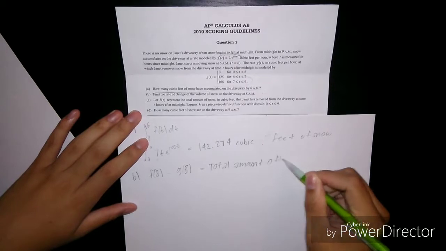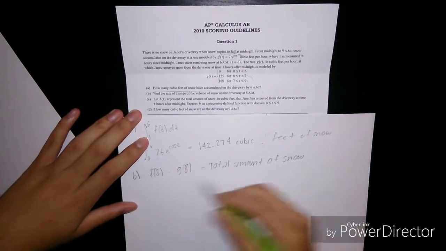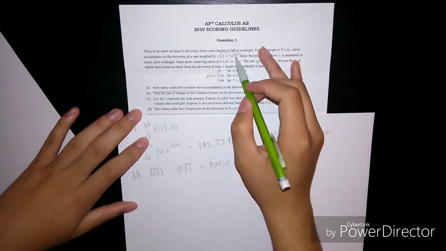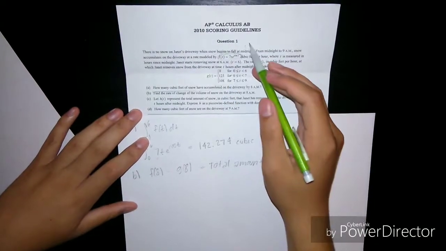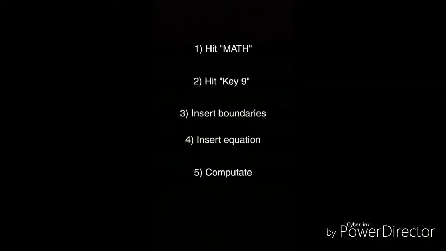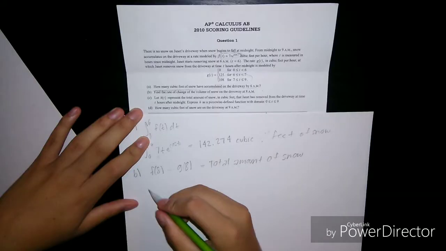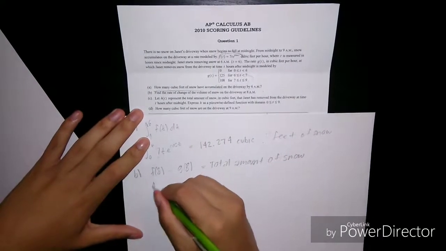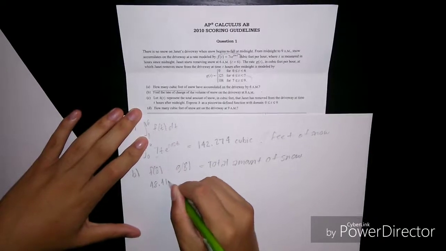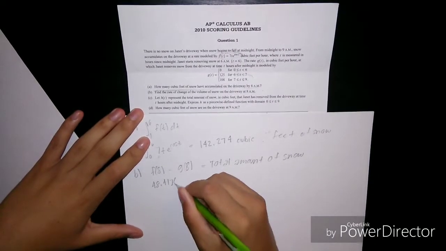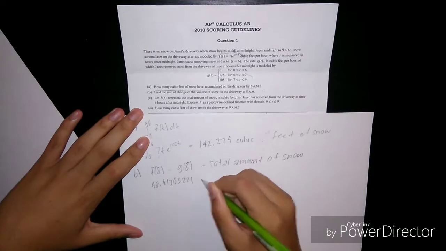So this is a calculator problem. So just simply plug in 8 to the function that represents how much total snow fell. That should give you 48.47032221.